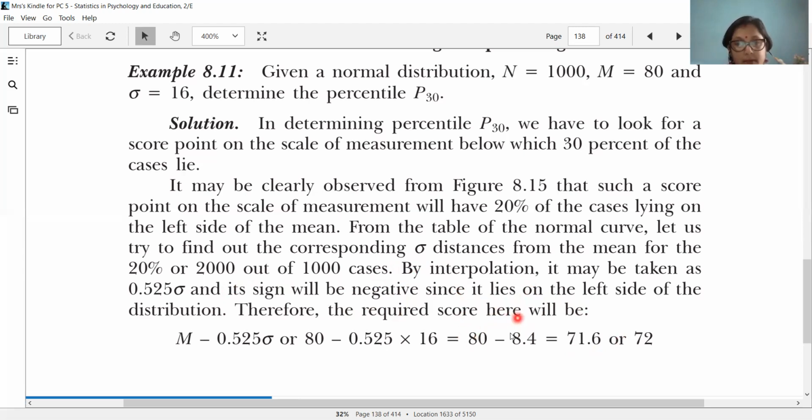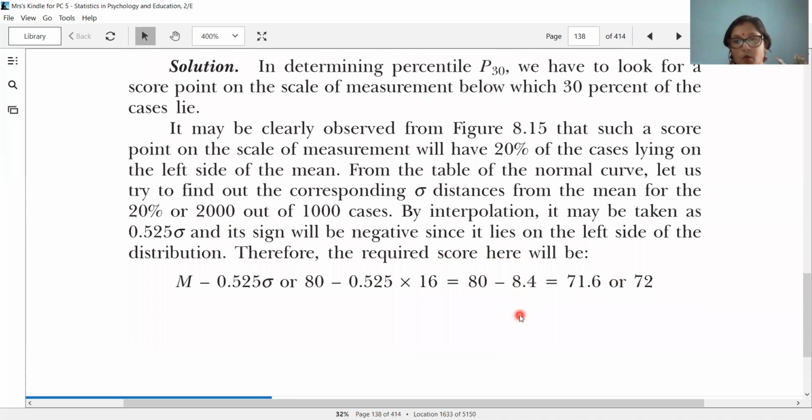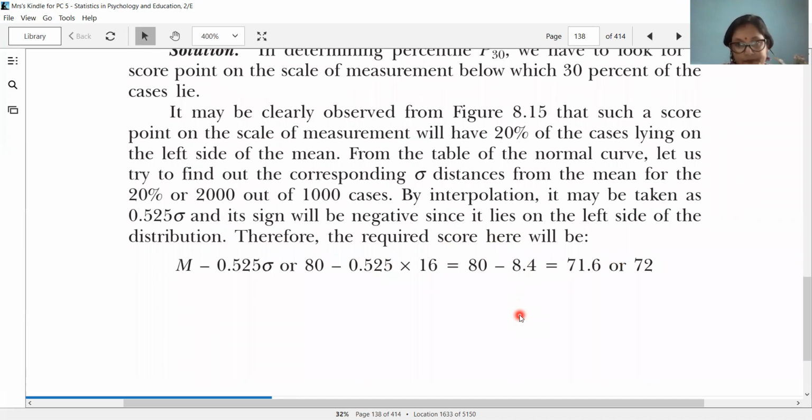You all may come to know about this point, that we put the values in the formula and we found the score here as 71.6 or 72. Thus the score is 71.6 or 72, which we can make a round figure, which is 72.